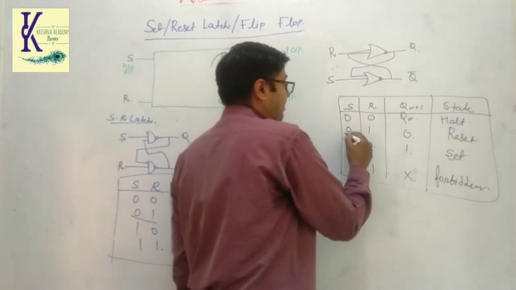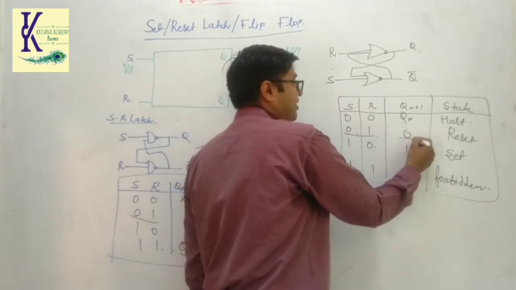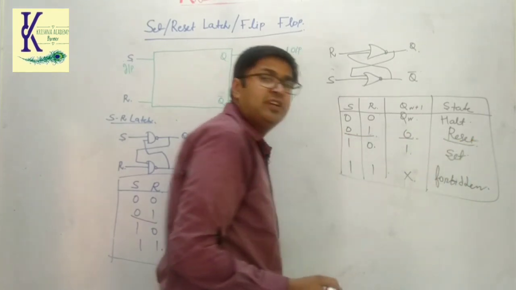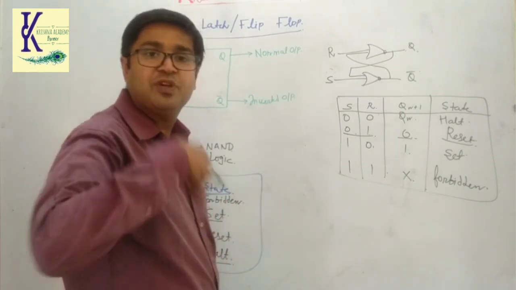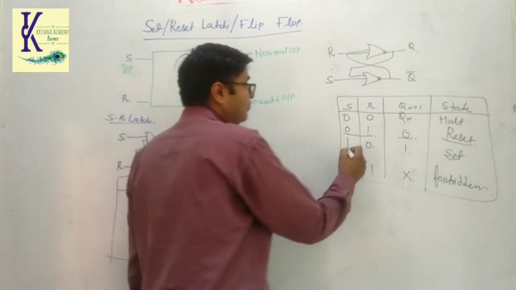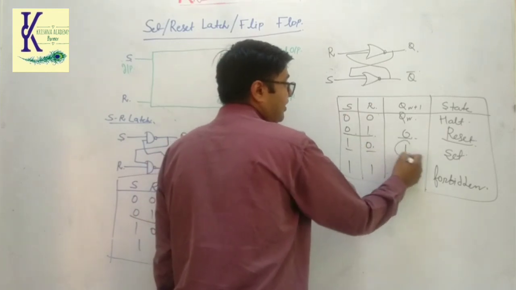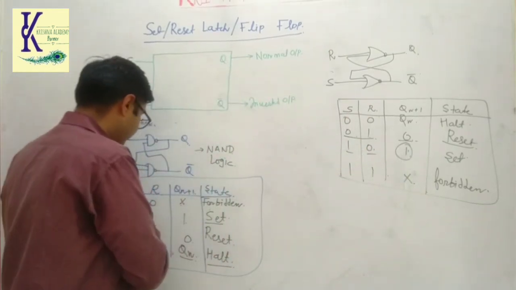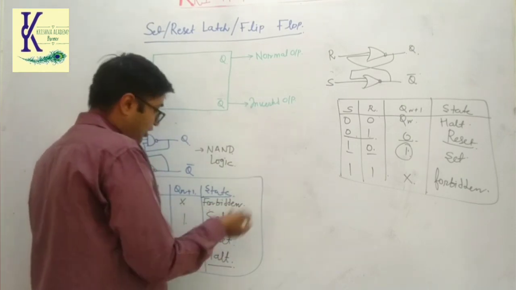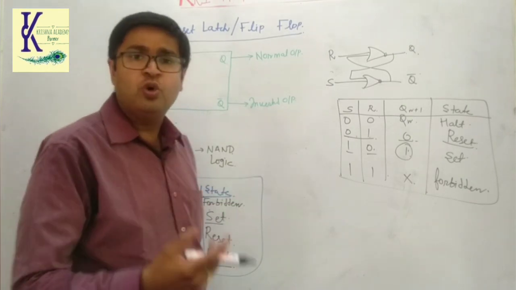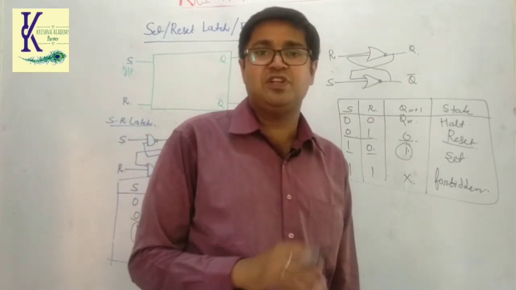But here, 0 and 1 becomes 0 and this condition is called reset. Because output is 0, the next output has become 0. Again, in 1, 0, it is 1. Here at 1, 0, it becomes 0. And the halt condition is reversed too. The whole scenario has been reversed.